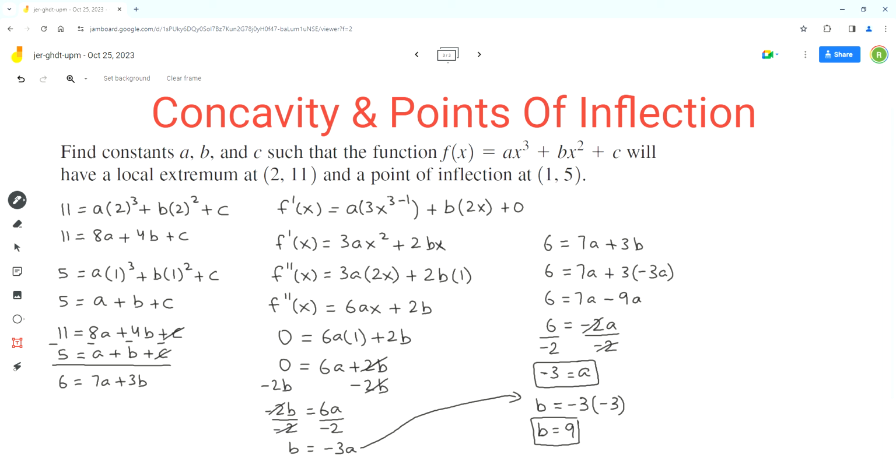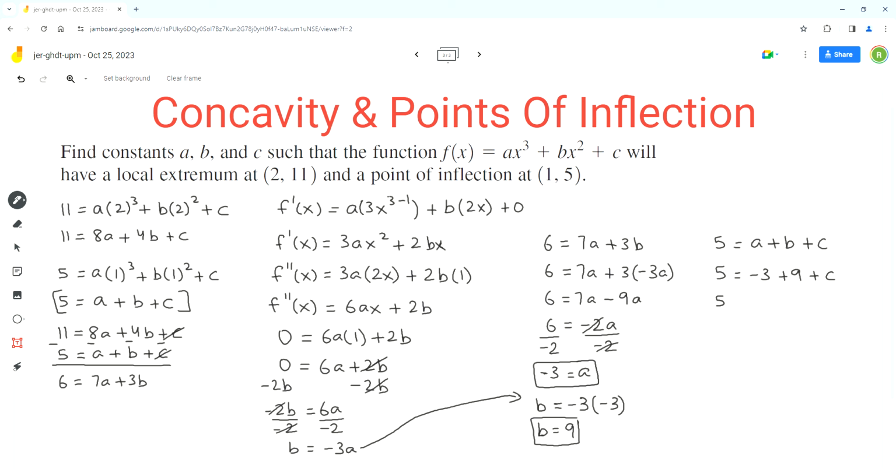Now we can find the value of c, and for that we can use this equation here that we got by subbing in the point (1, 5) in the given function equation. So that equation we got was 5 equals a plus b plus c. Now we can sub in the value of a and b. So 5 equals negative 3 plus 9 plus c.